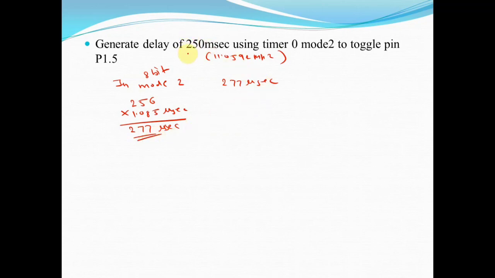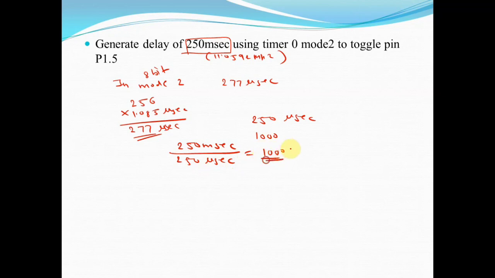But here we are interested in generating a delay in milliseconds, that is 250 milliseconds. Therefore, we are designing our delay routine for 250 microseconds, and then I am going to call this delay routine 1000 times in my program, because I want a delay of 250 milliseconds.